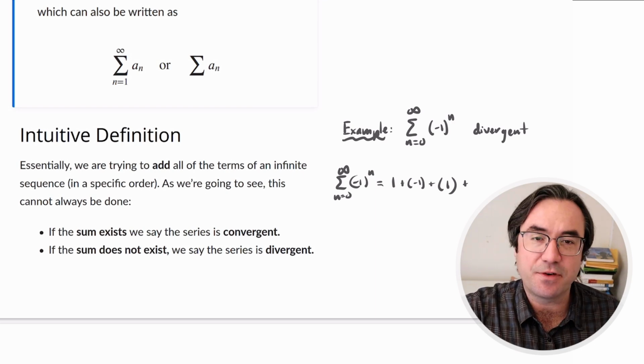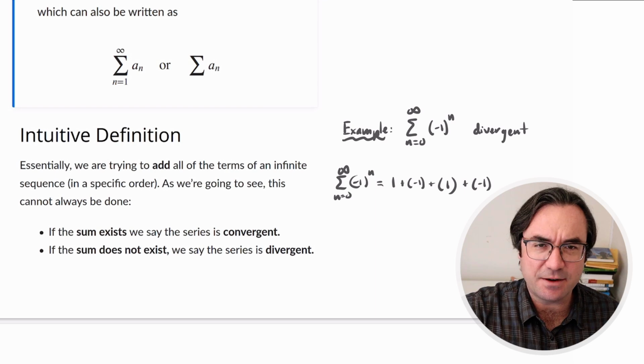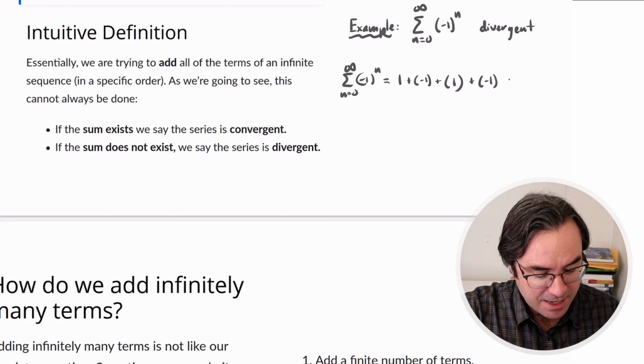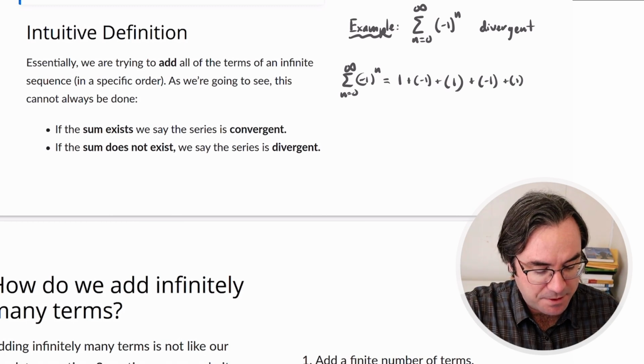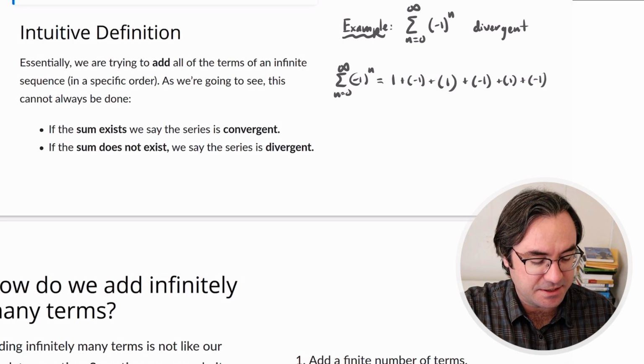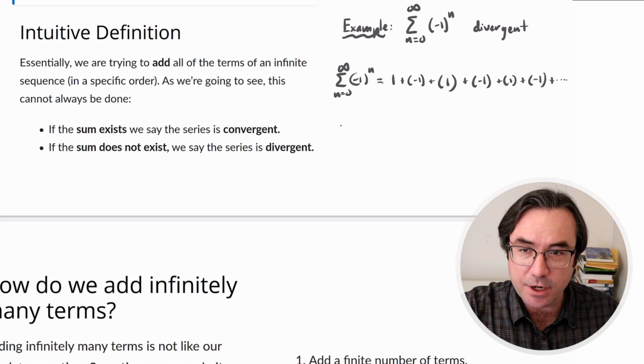Then the next term is negative 1. Let me get a few more of these: another plus 1, and another negative 1. This is a series, so this sum just keeps on going. We're trying to add up all these terms.